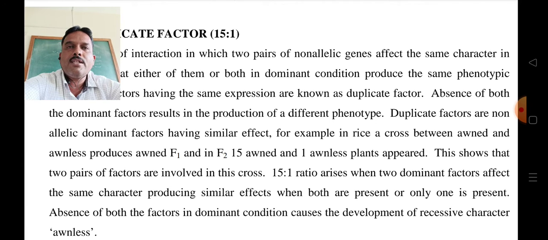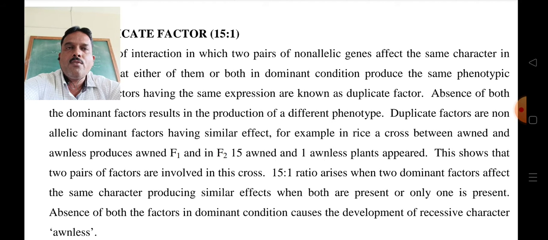In support of that statement, one example is given in rice: awn. Awn is nothing but a hair-like structure. In rice and wheat, spikes are there, and on those spikes we can observe hairy structures. Those hairy structures are called awns. In rice, when awned plants are crossed with awnless, we can obtain this 15:1 ratio.